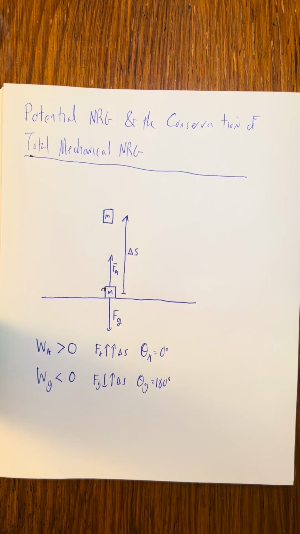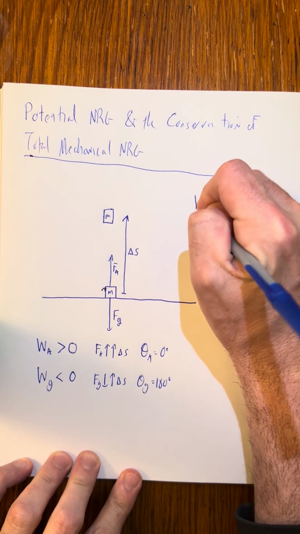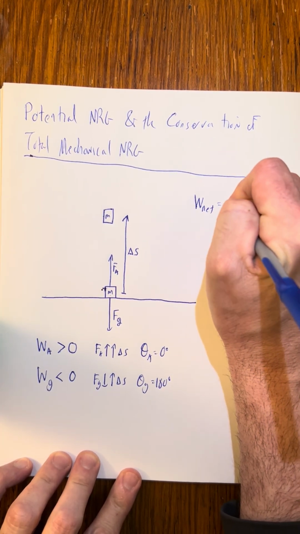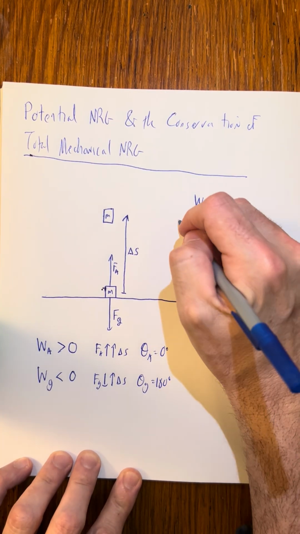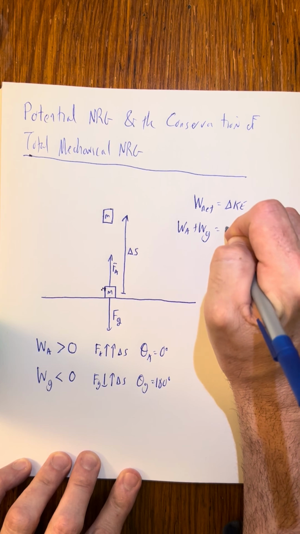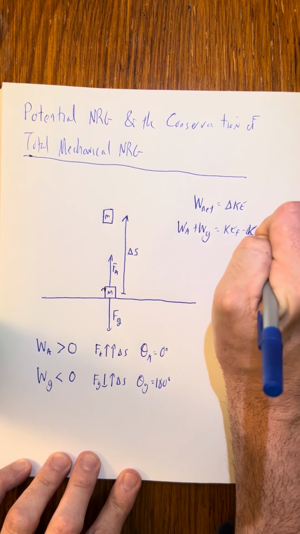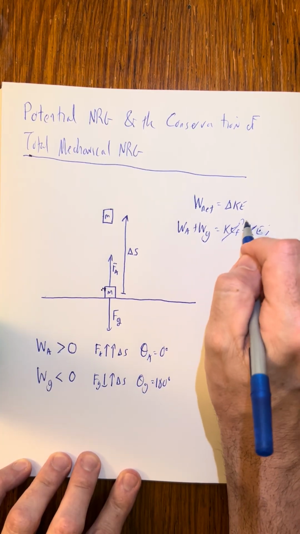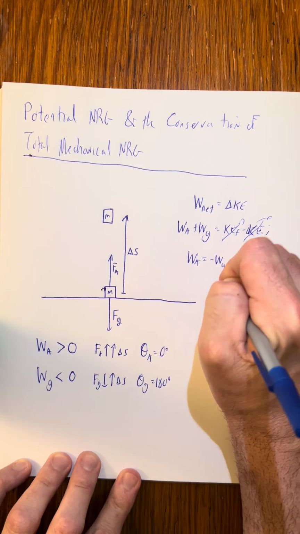Now, in this case, I could say if the object started and stopped at rest, we could say that the net work here would be equal to the change in kinetic energy. So the work done by the applied force plus the work done by gravity would be equal to, in this case, KE final minus KE initial. Both of those would zero out, and the work of the applied force would just equal the negative of the work of gravity.